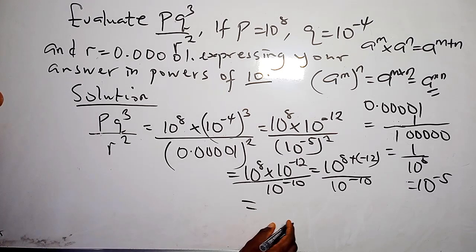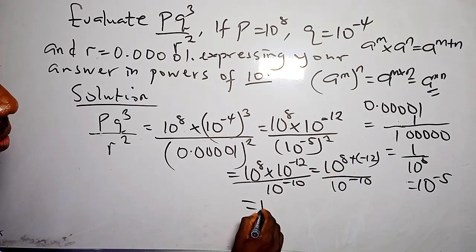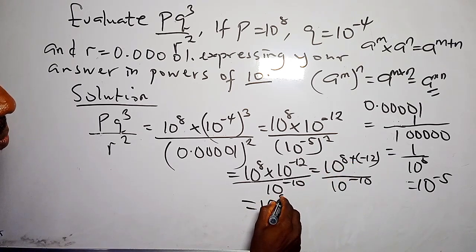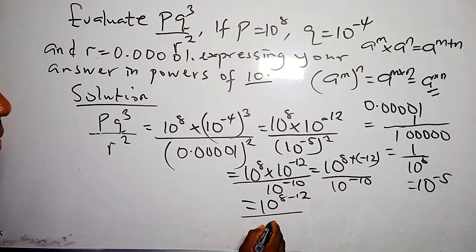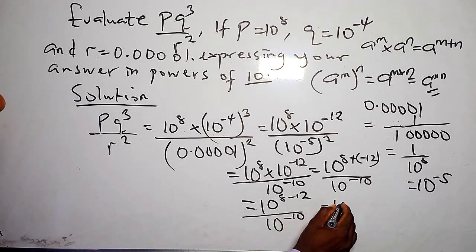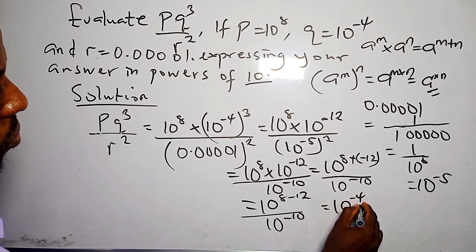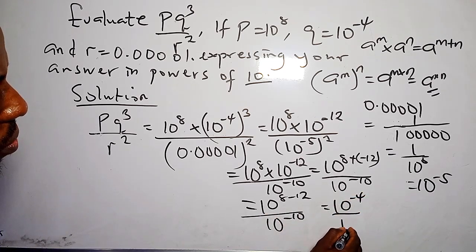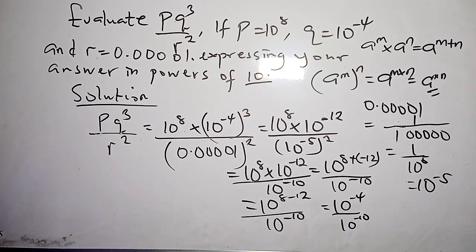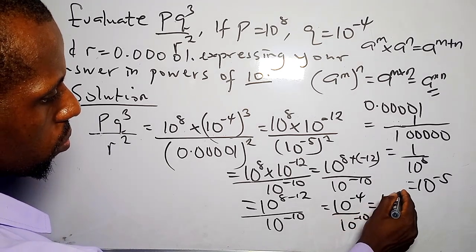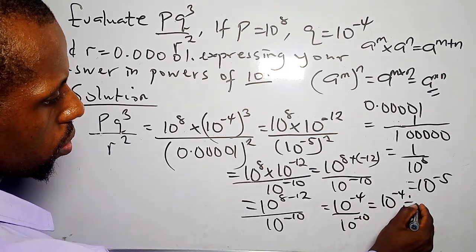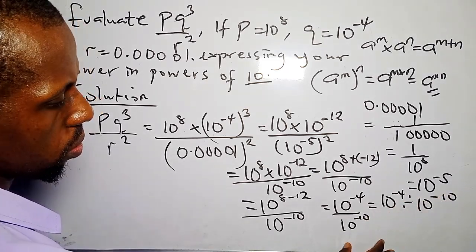So from here we have 10 raised to the power 8 minus 12, plus times minus is minus, divided by 10 raised to the power minus 10. Equals 10 raised to the power 8 minus 12, which is minus 4, divided by 10 raised to the power minus 10. So we can write this as 10 raised to the power minus 4 divided by 10 raised to the power minus 10.